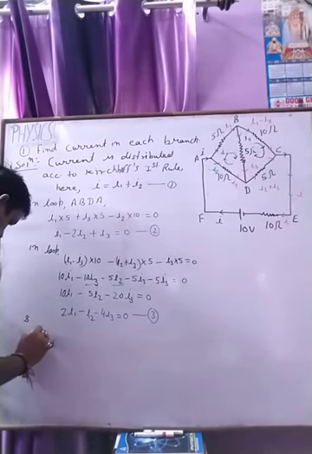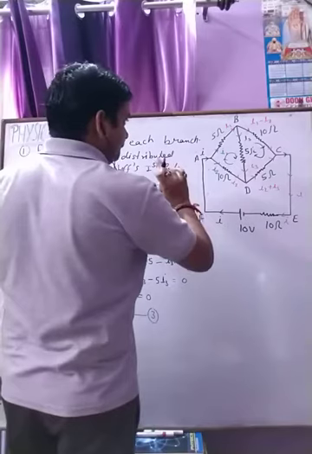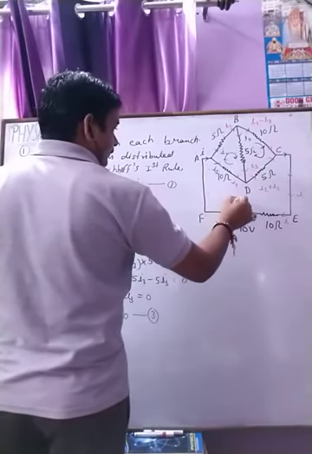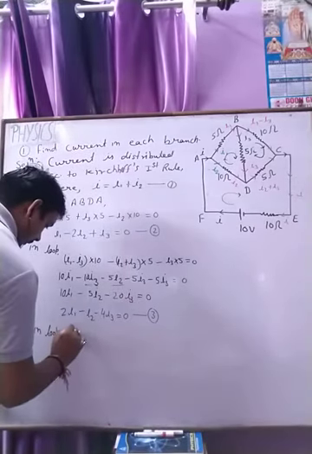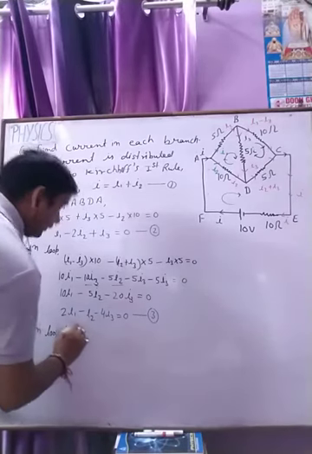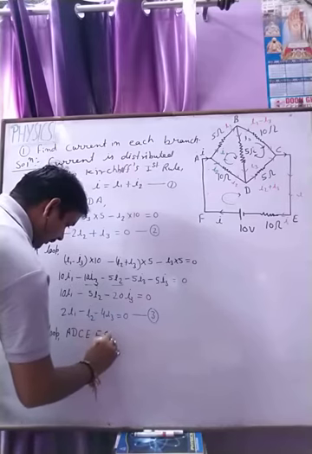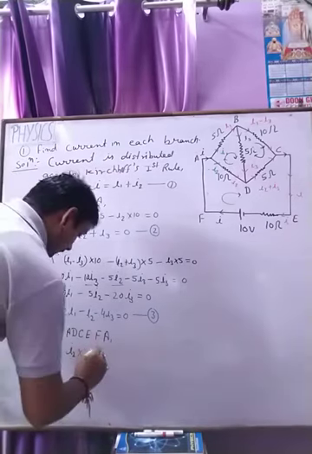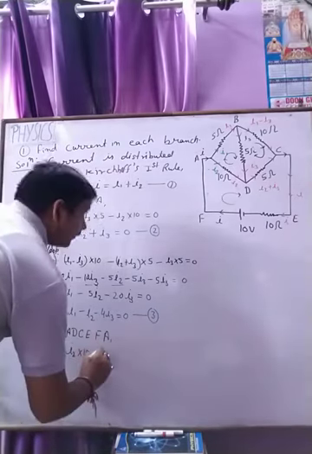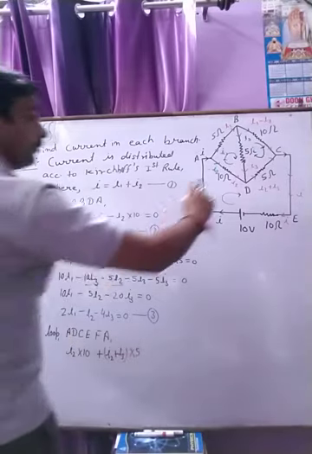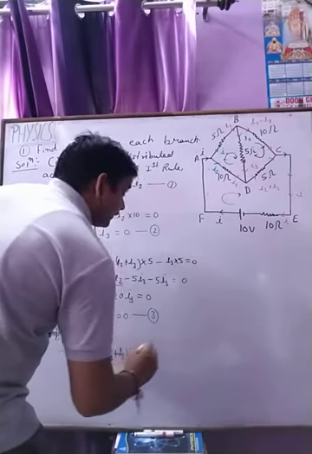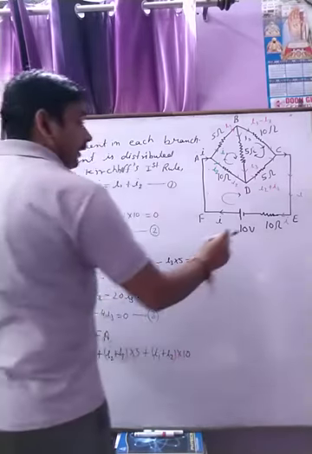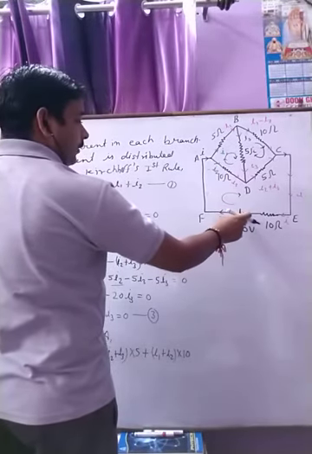Now in the next loop, ADCEFA, I2 into 10 plus I2 plus I3 into 5 plus I1 plus I2 into 10, and we are moving in the direction of current and passing from negative to positive terminal of the battery.